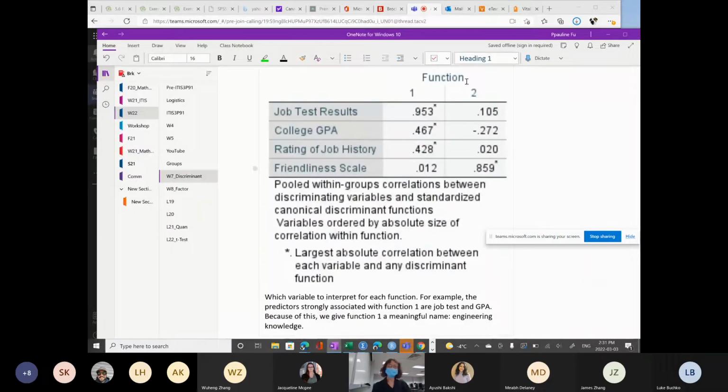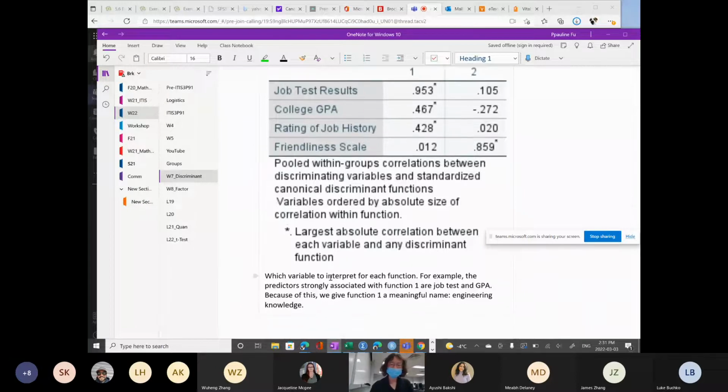So in function 2, the most important predictor is the friendliness scale because it has the biggest value, 0.859.